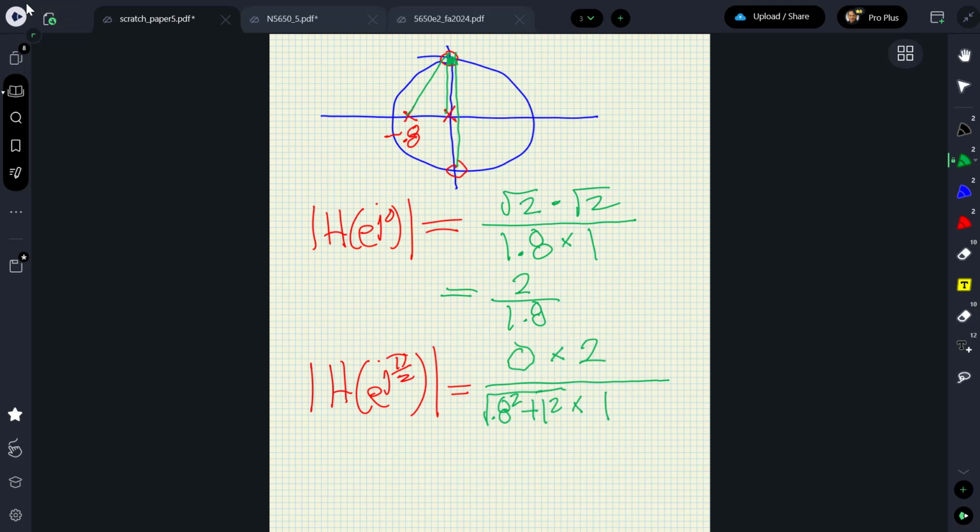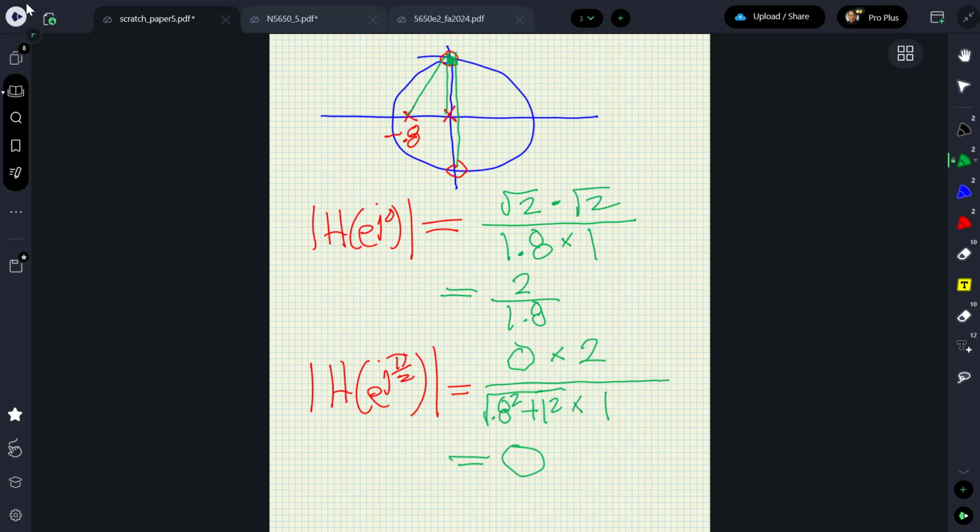So the answer will be 0. But if it wasn't zeros on the unit circle, then we'd have a numerical value other than 0. And you see how this would work then, right? This would not be 0, it would be something else.